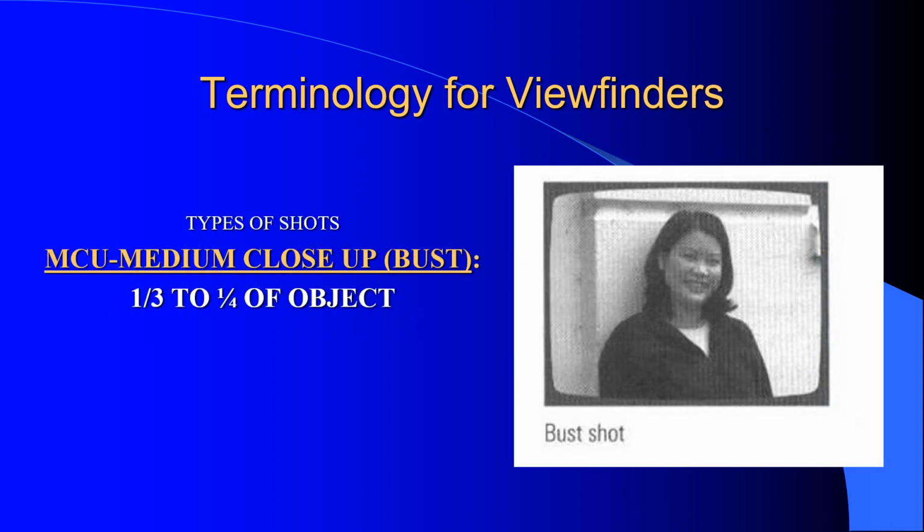The medium close-up is sometimes called the bust shot. This includes a third to a quarter of the object. And if it is a person, it's usually about mid-torso that is the bottom of the frame.